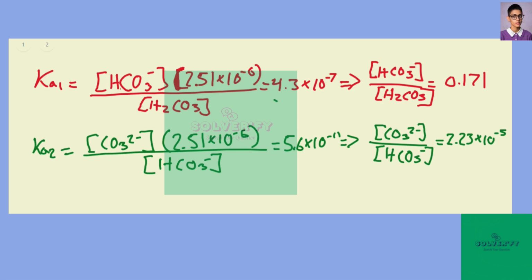So now we can open up a new sheet and solve for these concentration values. Both of these ratios here, we can plug in to solve for the concentration of bicarbonate, HCO3 minus. We're told that the total concentration for all three of them is 1.0 times 10 to the minus fifth.